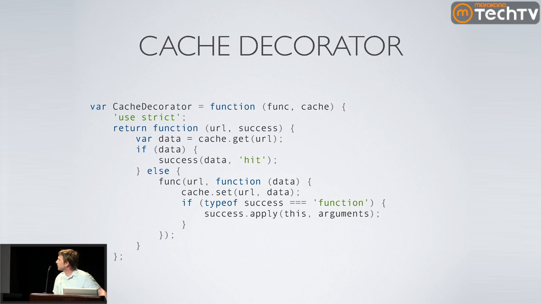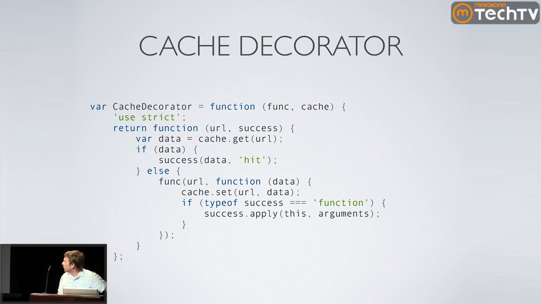We execute that, and its success function we've augmented slightly with a cache setter in it before we actually apply the original function. So we run the jQuery function, then save the data that we got back to our cache, and then we return the normal success, or apply the original success function.